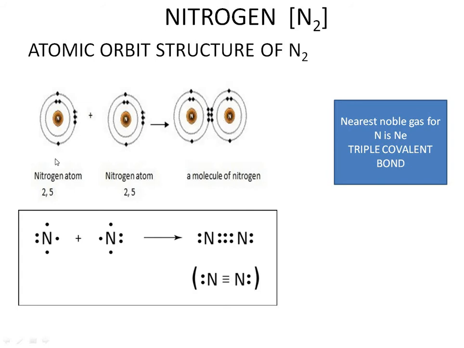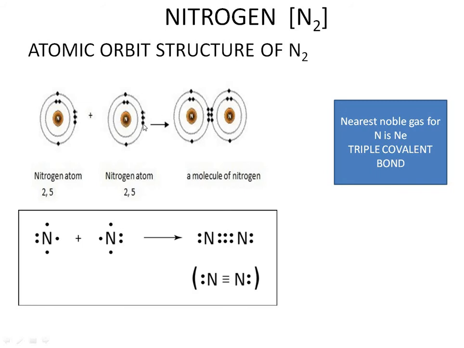Why are we sharing like that, why are we in need of these 3 electrons, why have we drawn like this? Actually, for nitrogen to become stable, 5 electrons are there and 3 more electrons are needed. That's why we are drawing 3 electrons separately, facing the other nitrogen atom.